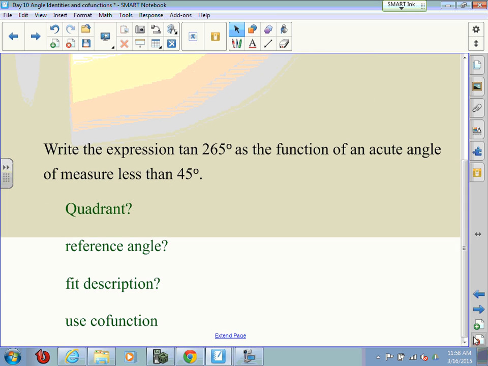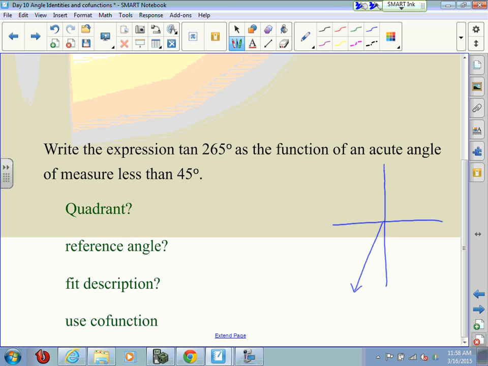How about this one? I want you to write the expression for tangent of 265 degrees as a function of an acute angle whose measure is less than 45. So what does that mean? You're going to have to start with the reference angle, so I probably draw this first. What quadrant? Third.